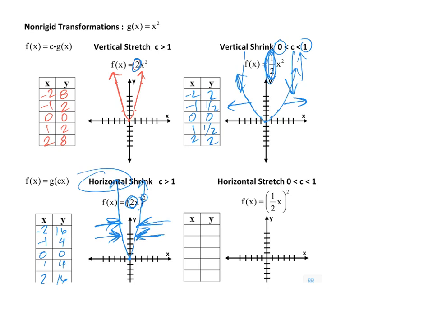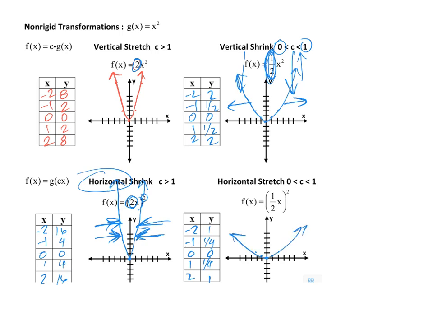And for the last one, we have negative 2, negative 1, 0, 1, 2. And you have 1, 1/4, 0, 1/4, and 1. So I got 0, 0, 1, 1/4, then I got 2, 1, negative 2, 1. There's my function.